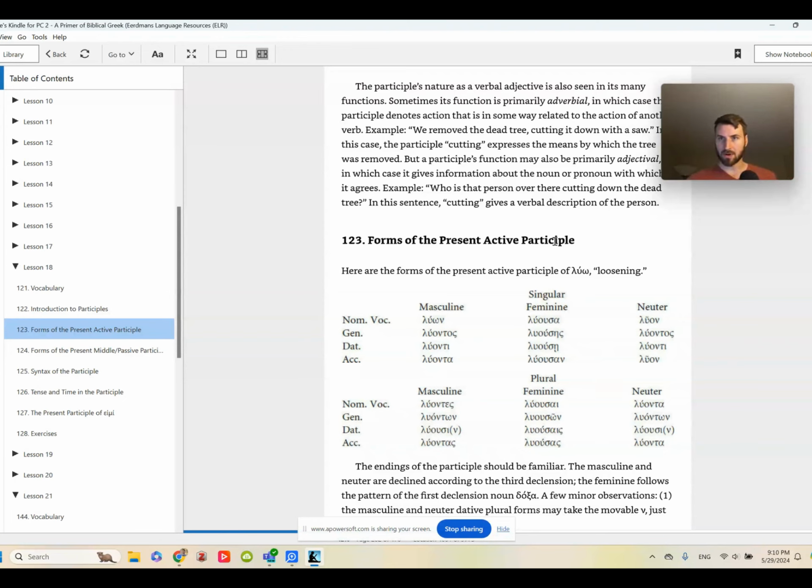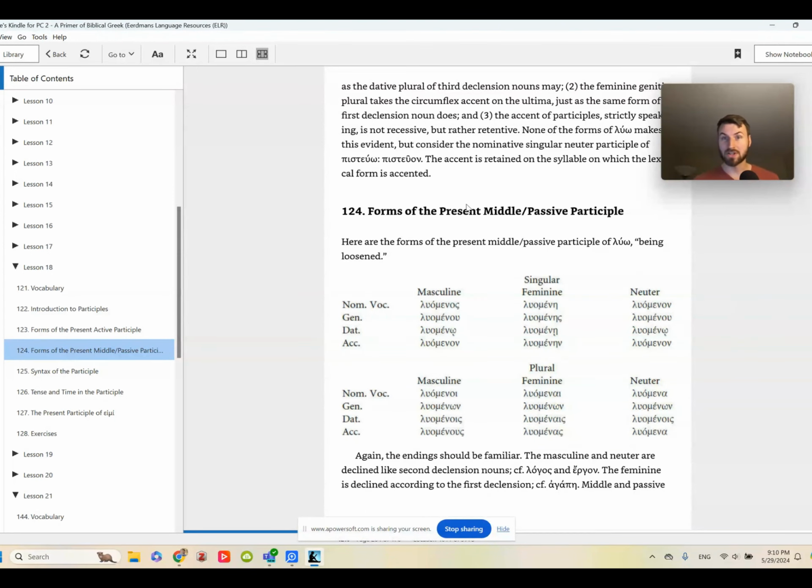So the present active participle you'll sometimes see uses the endings 3, 1, 3. Okay? That means third declension, first declension, third declension endings. And that's in opposition to the present middle passive participles. Here, use 2, 1, 2.